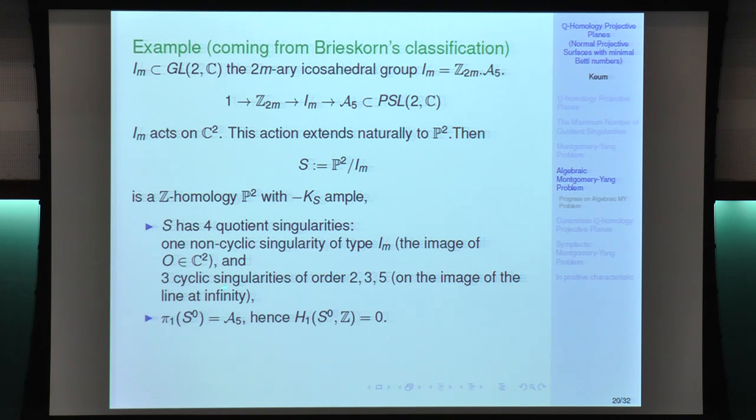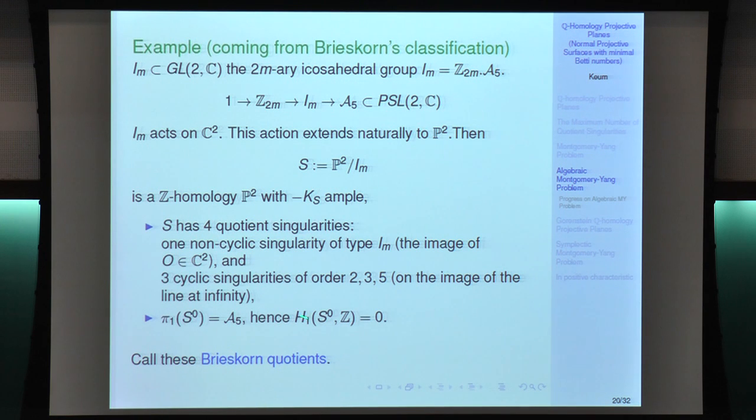So in this case, if you throw away these 4 singular points, then the smooth part has fundamental group the simple group of order 60, so that the homology group should be trivial. We call these surfaces a Brieskorn quotient.